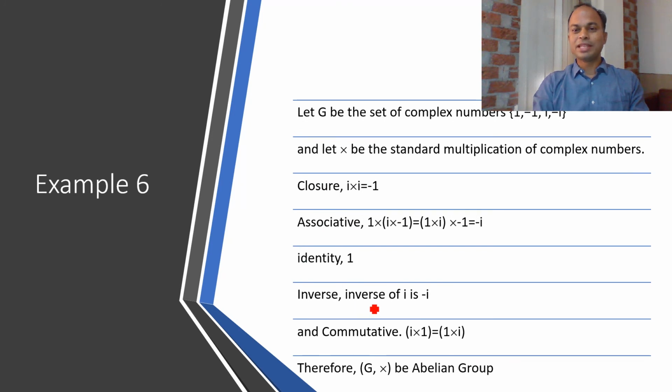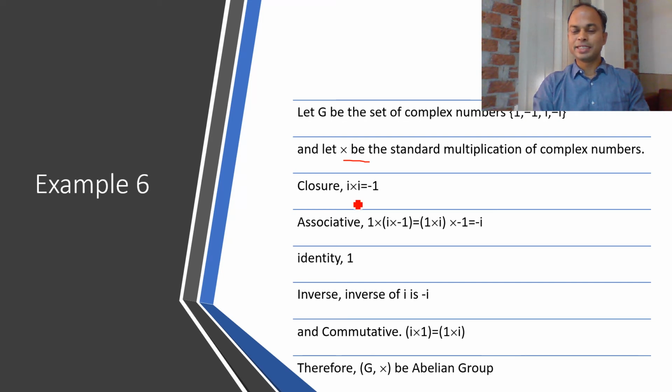If we talk about the final example, here we have the complex numbers 1, minus 1, i, minus i. I am repeating these numbers: 1, minus 1, i, minus i. And here we have the multiply symbol. We want to check whether this group is abelian or not under the multiply operator.